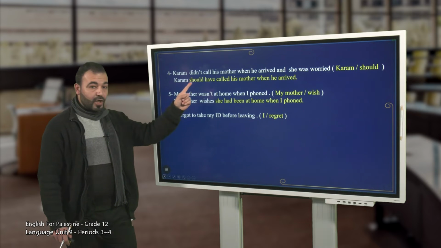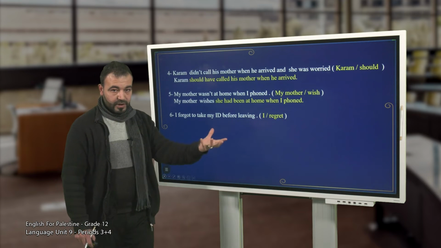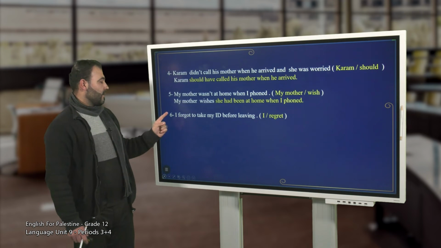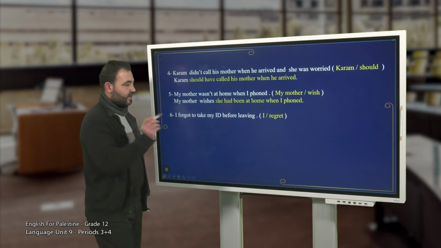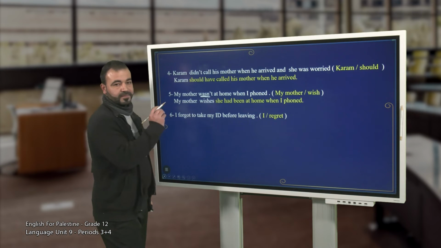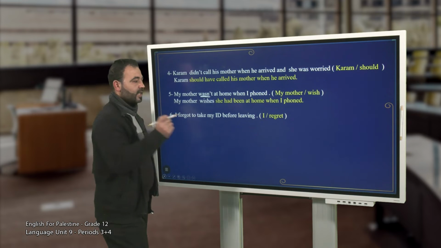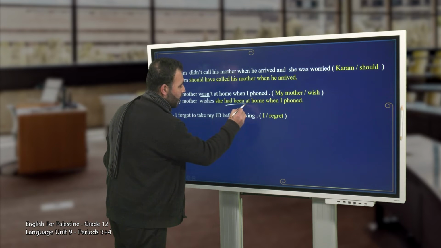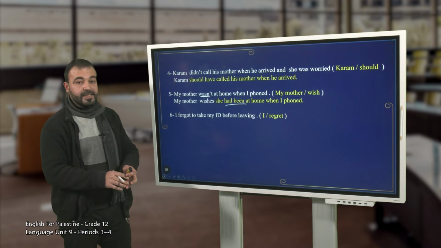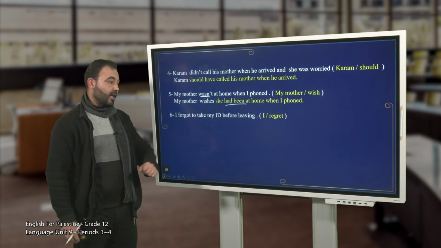Negative sentence, positive sentence with wish. Don't forget, was, when we use it in the past perfect, it is turned to had been. Had been. It's the past form of was. And were, by the way.